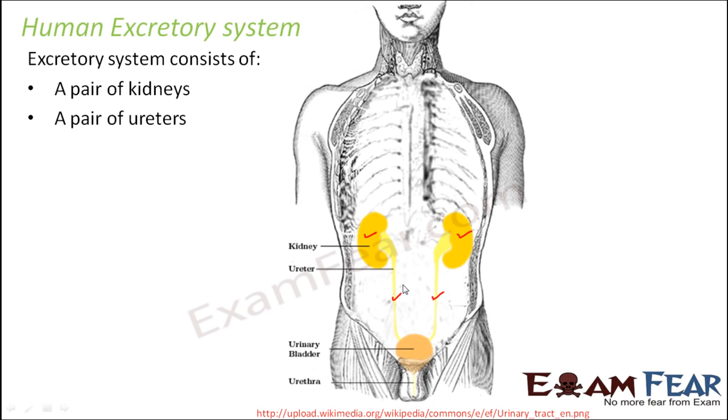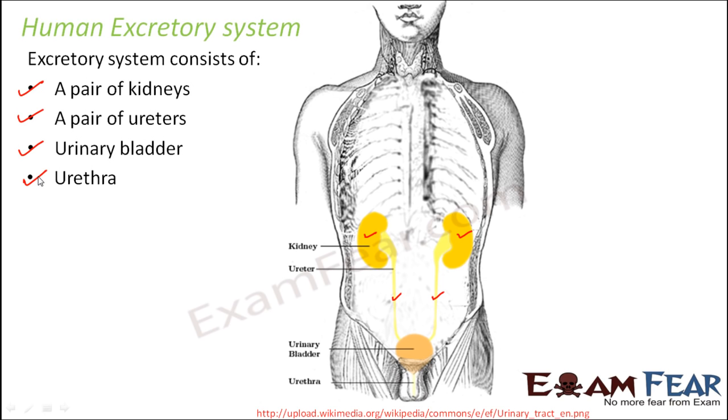Then the urinary bladder, a sac-like structure or a bag kind of structure. And the last one is the urethra, a small structure which has a hole through which the urine is excreted out. So these four things together form the human excretory system.